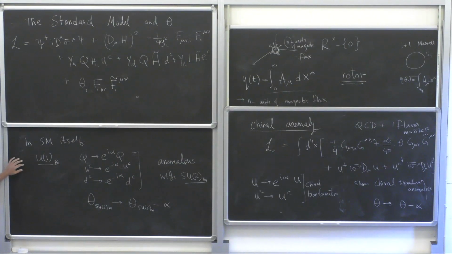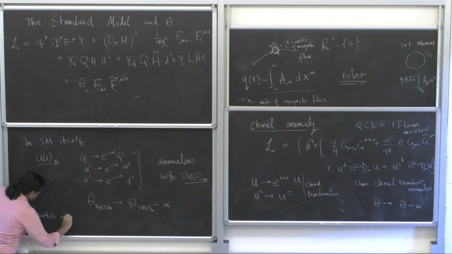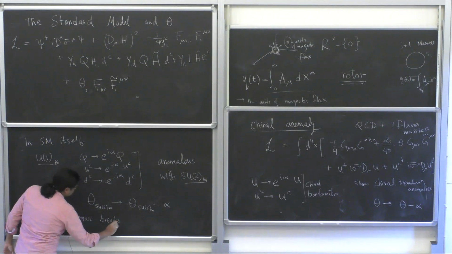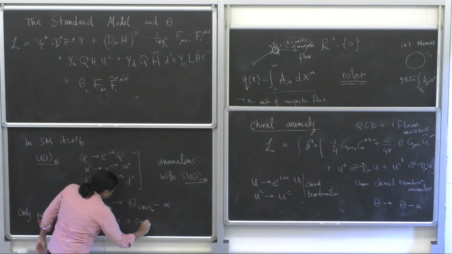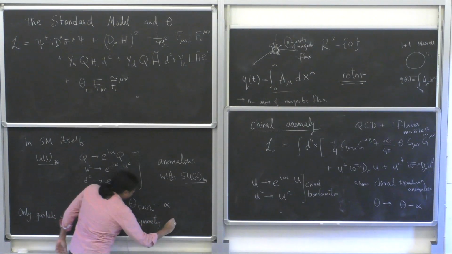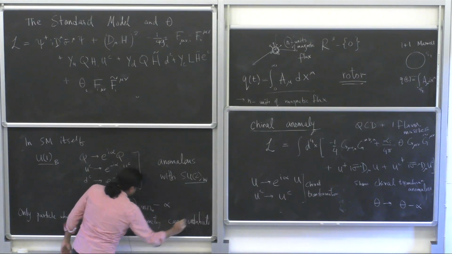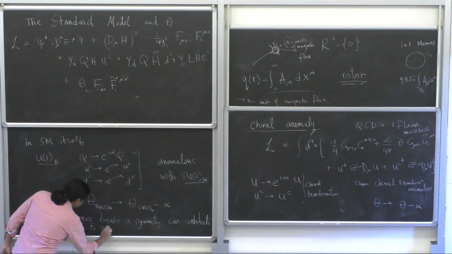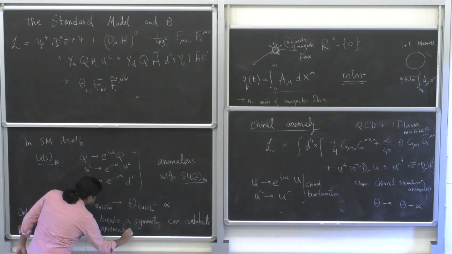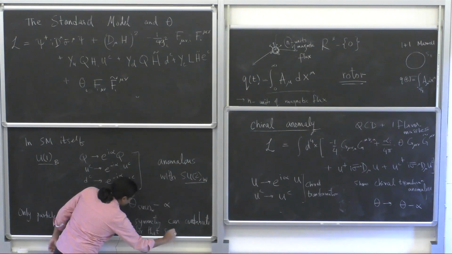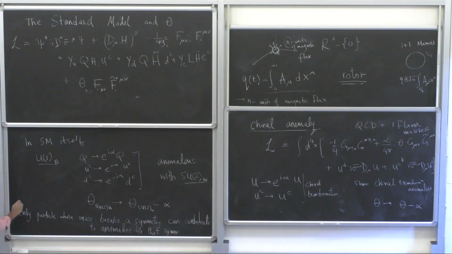Only particles whose mass breaks a symmetry can contribute to anomalies for that symmetry. Okay, so this is a general statement about anomalies.